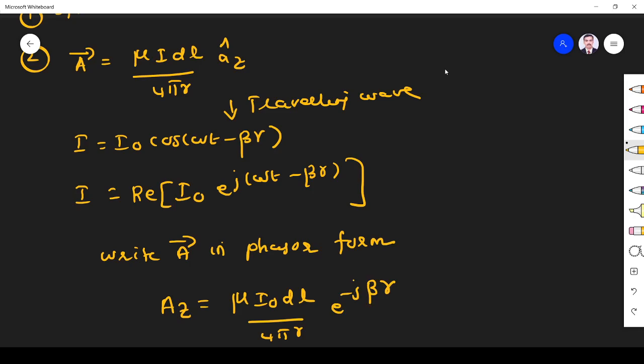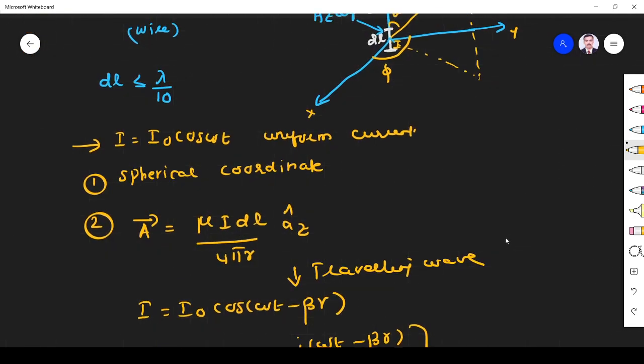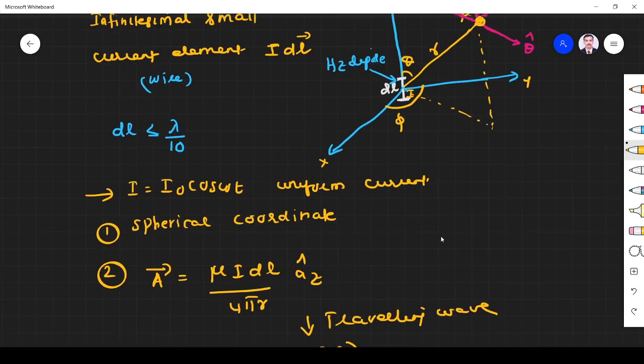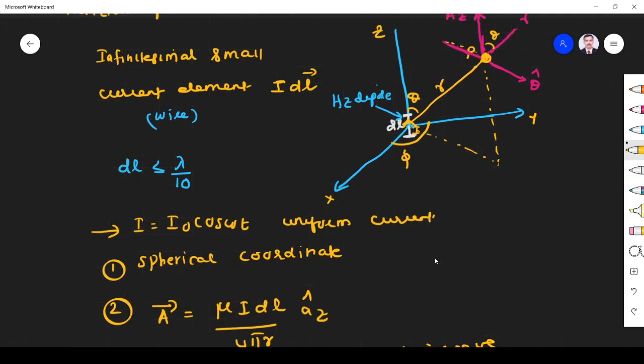Here you must understand one thing: the current is flowing in the z direction. I told already, in the dipole the current is flowing in the z direction. So since current flows in the z direction, the magnetic potential will also be in the z direction. That's why we have Az here.